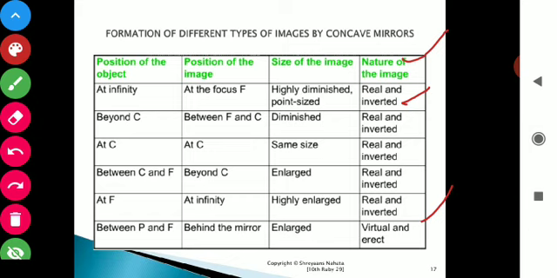So in the first 5 cases, we have real images, and in the last case, we have the virtual image. So here students, this is the summary of all the 6 cases.